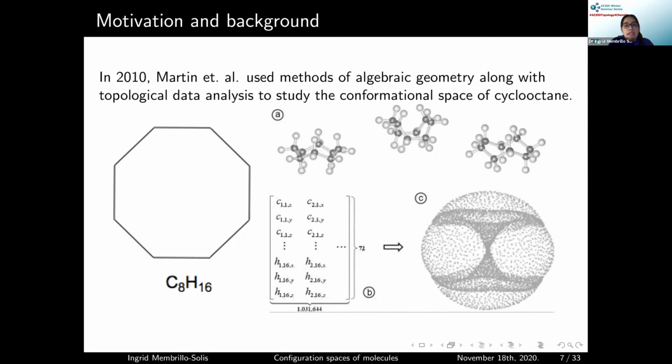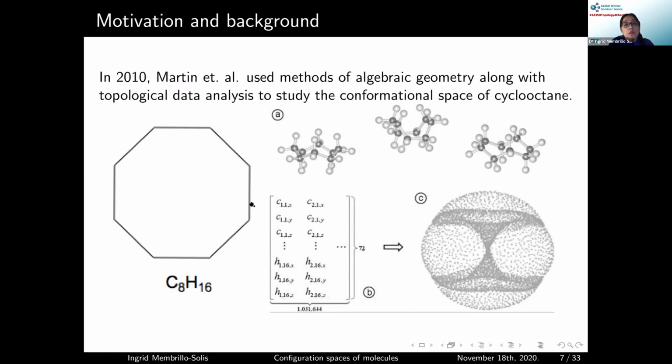One of the interesting results of this work is that people usually thought that the conformational spaces of molecules needed to be a manifold. However, he showed that this is not the case, for instance, for the molecule of cyclooctane.